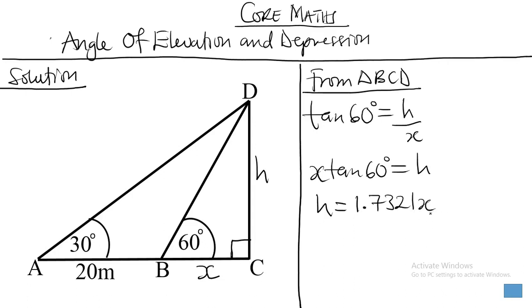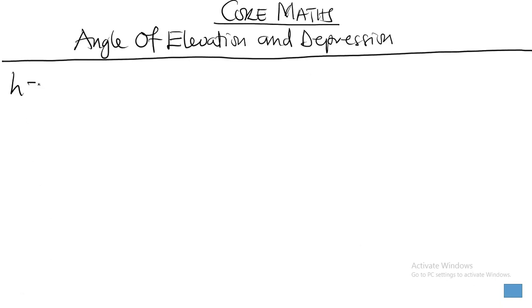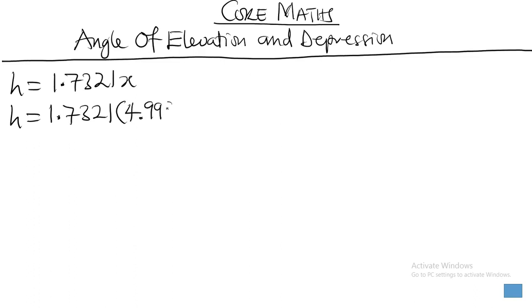So now we are going to substitute the x that we've gotten here, so that we'll get the value of H. So H will be equal to 1.7321 into brackets 4.9998. Let's check it with our calculator.